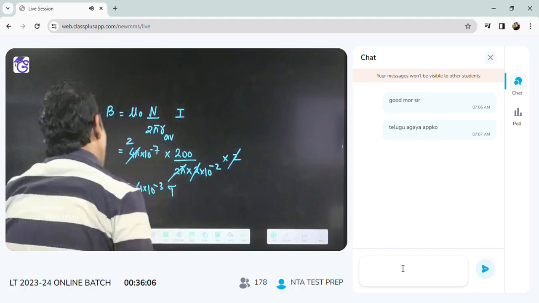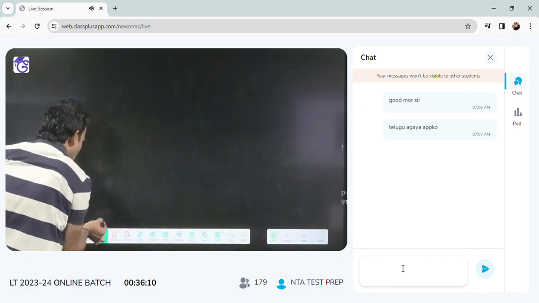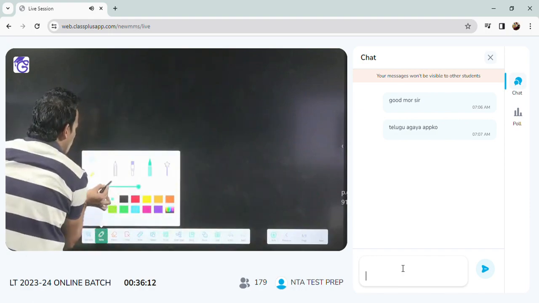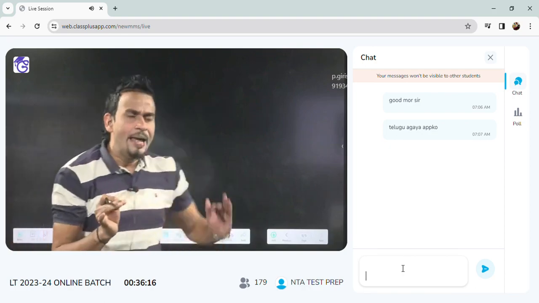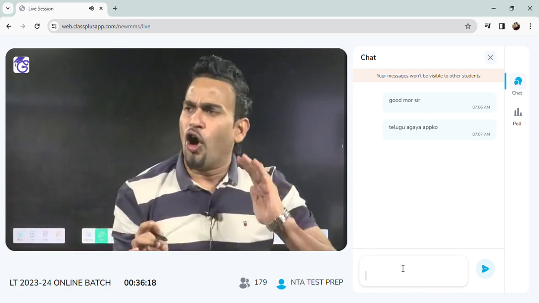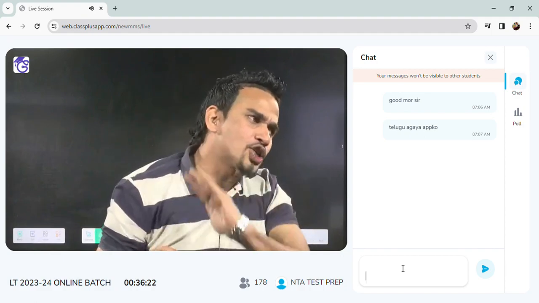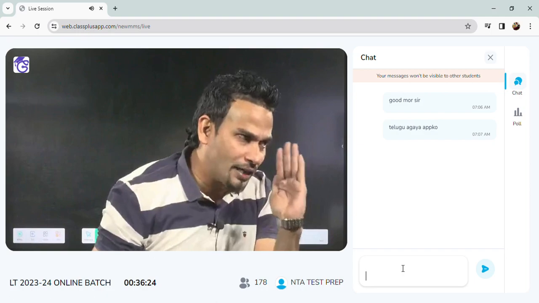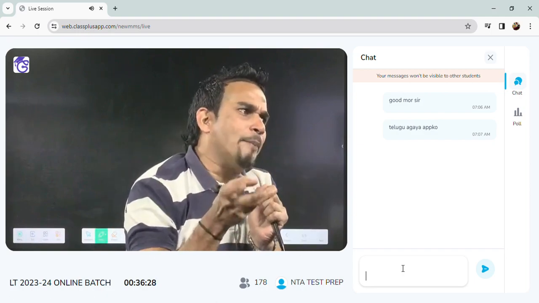Now be focused. Again, one of the most important parts, magnetic field due to long cylindrical wire. Cylindrical wire means solid cylindrical wire. Actually, this is one solved example of NCERT.